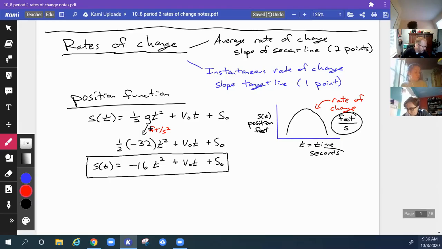A few things to remember: this part right here is my position at time t.